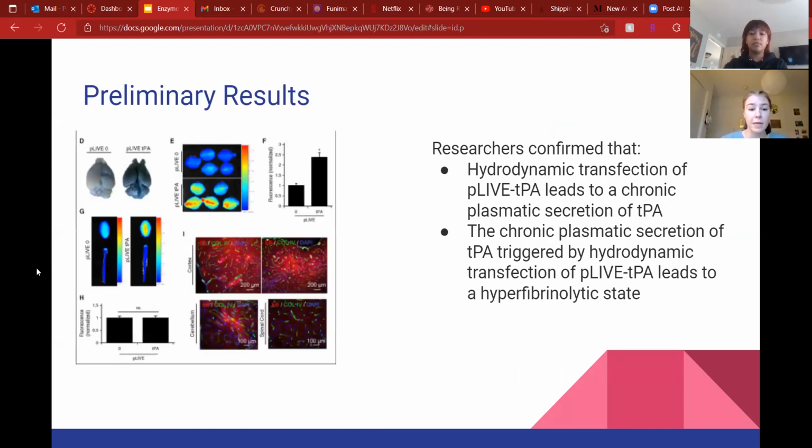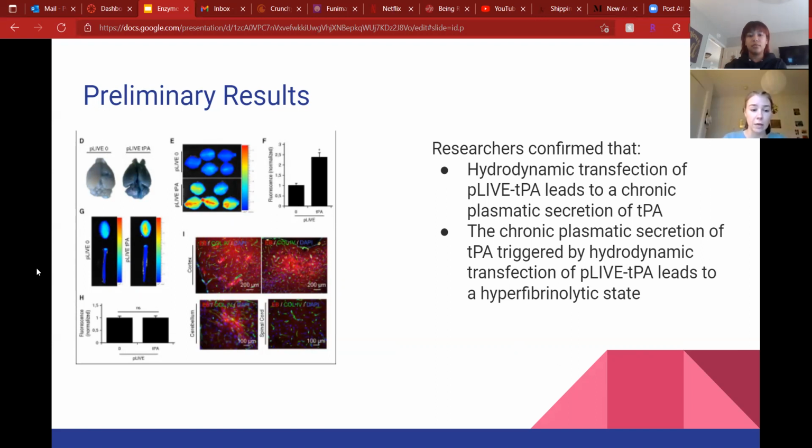So their preliminary results were that hydrodynamic transfection of the wild type tPA leads to chronic plasmatic secretion of tPA. And the chronic plasmatic secretion of tPA triggered a hydrodynamic transfection of pLIVE tPA, which leads to the hyperfibrinolytic state.